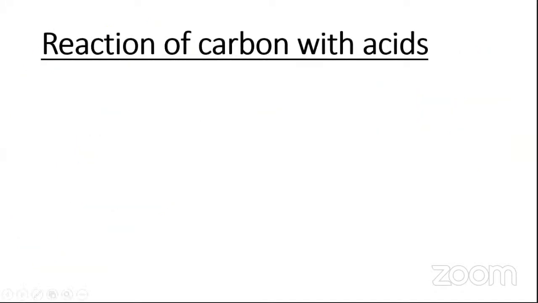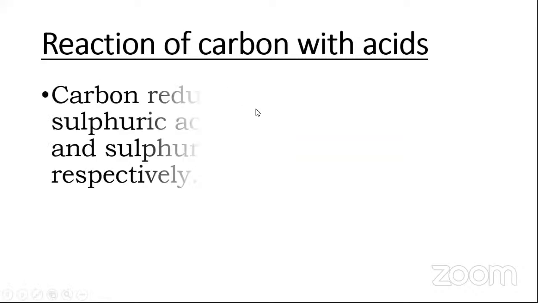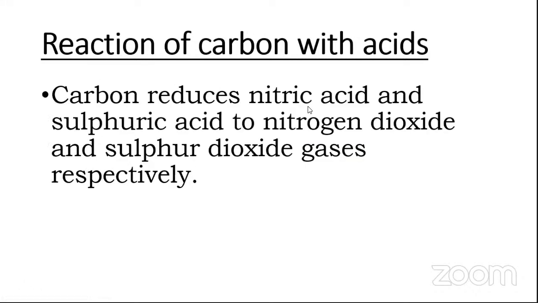Let's look at the reaction of carbon with acids. So we can say that this is nitric acid and sulfuric acid reacting to give nitrogen dioxide and sulfur dioxide gases respectively. What do we mean here? It means that carbon can reduce sulfuric acid to form sulfur dioxide.